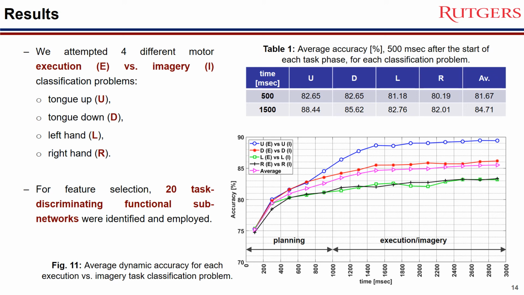As can be seen, the proposed framework scored an average classification accuracy higher than 81% within 500 milliseconds of the presentation of the visual cue, which falls within the planning phase, and an accuracy higher than 84%, 1500 milliseconds after the presentation of the visual cue, which is within the execution imagery phase.